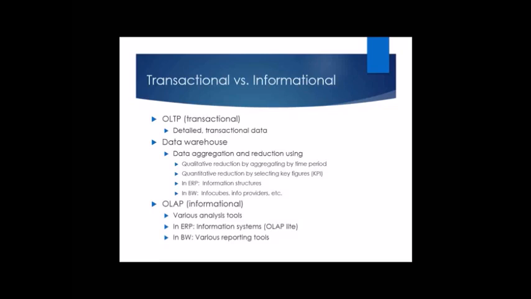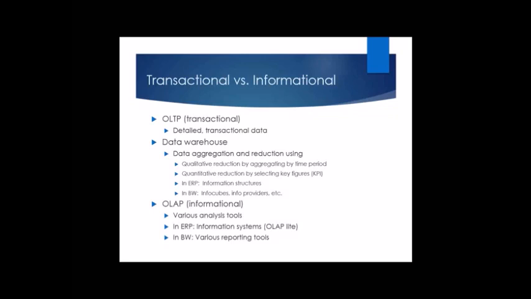The data generated by OLTP gets archived into complex data repositories. We call that a data warehouse. And OLAP then draws on data in the data warehouse to provide insights and knowledge for planning and control.